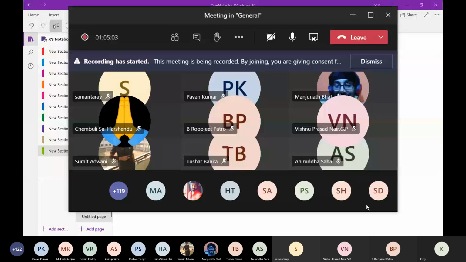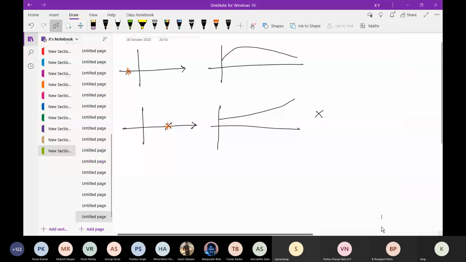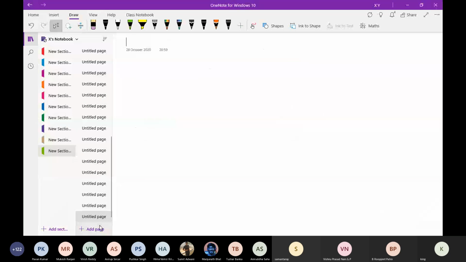So now we'll have to look at the properties of the polynomial itself, some basic properties. I have given you a simple example earlier.